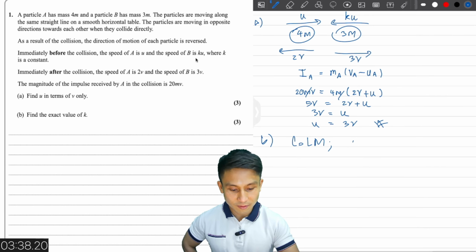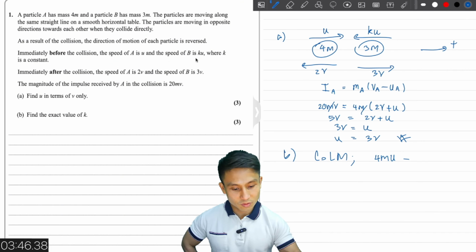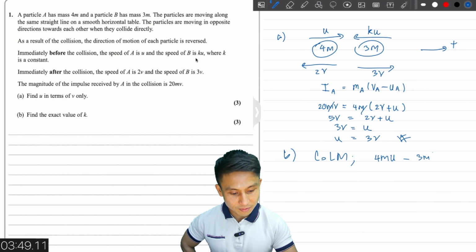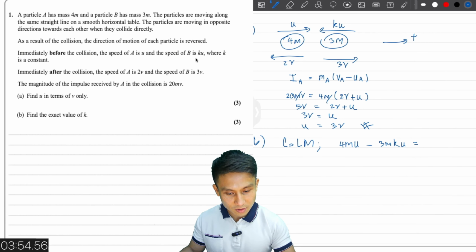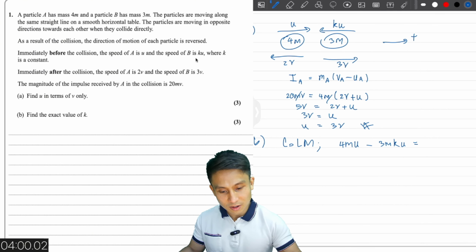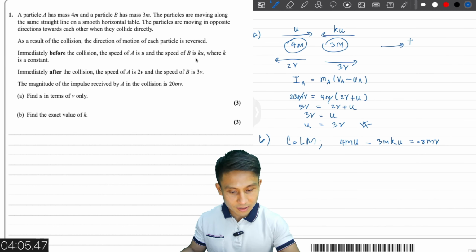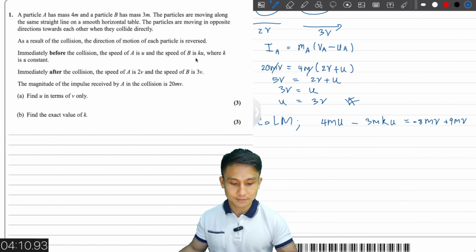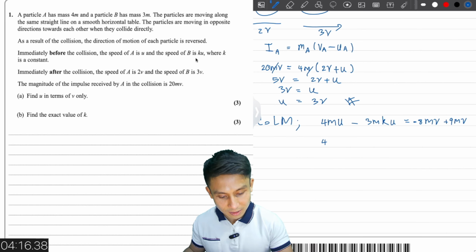If we take to the right as positive, that would be 4mu minus 3mku equals, now to the right, that one would be negative, which is minus 8mv, and to the right 3m times 3v would be plus 9mv, because we already know that u in terms of v is 3v, so we're just going to plug that in.